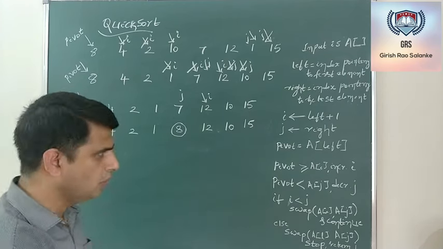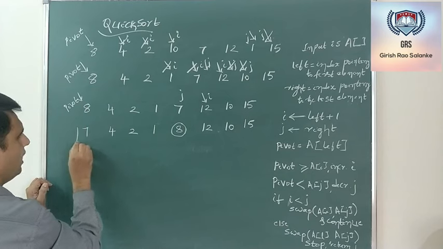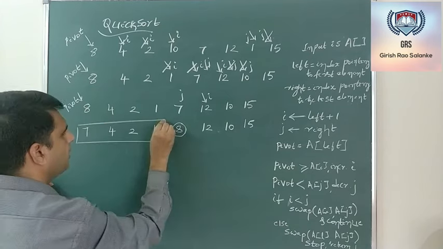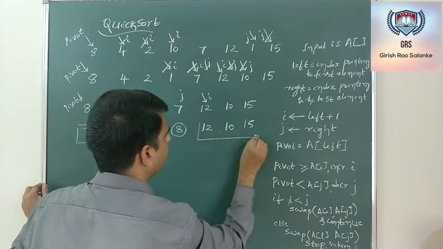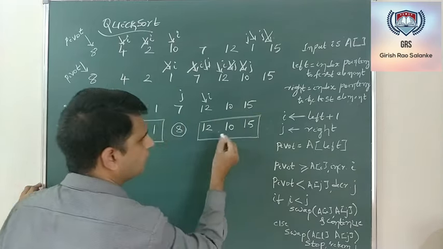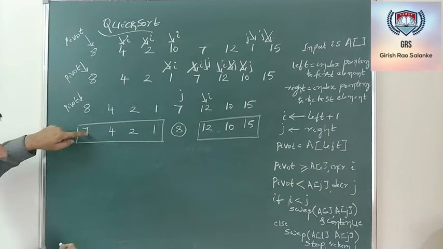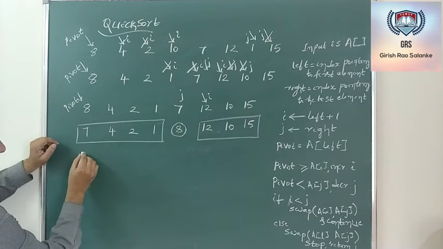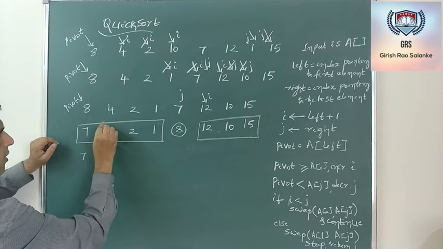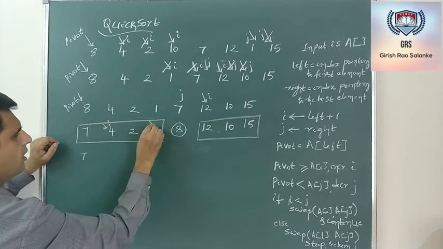Now what are we supposed to do? You need to do partition once again for the elements on the left-hand side, and once again for the elements on the right-hand side. Now this 7 will be your pivot element, this will be your i, and this will be your j.